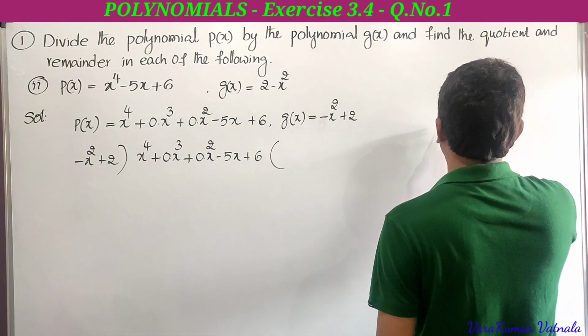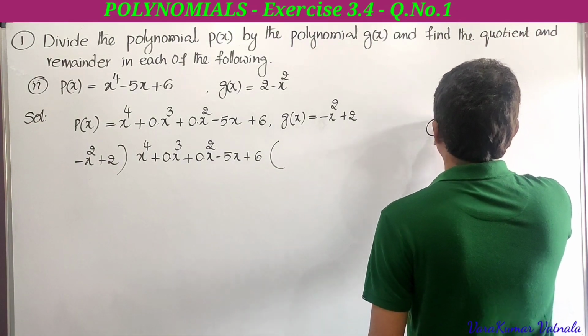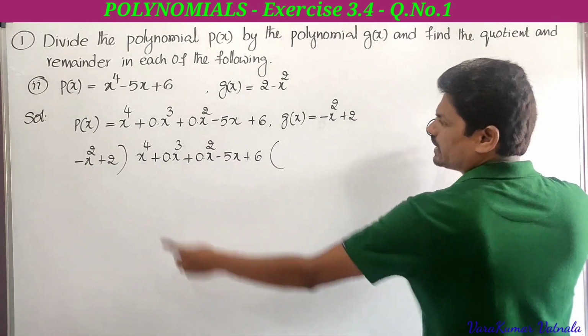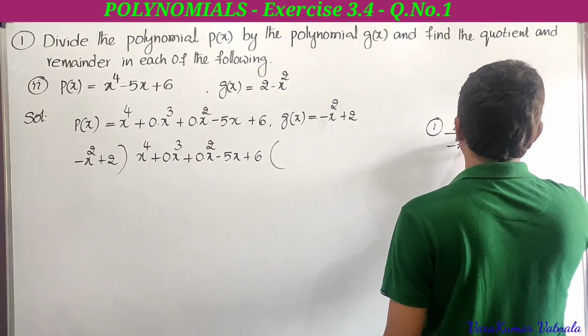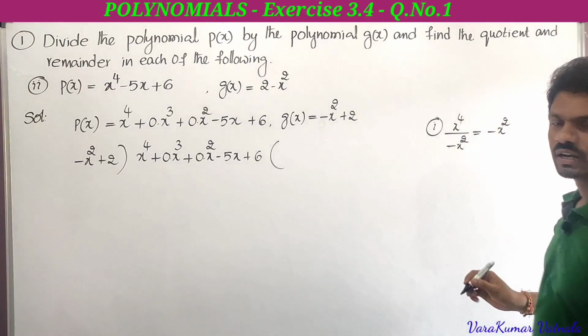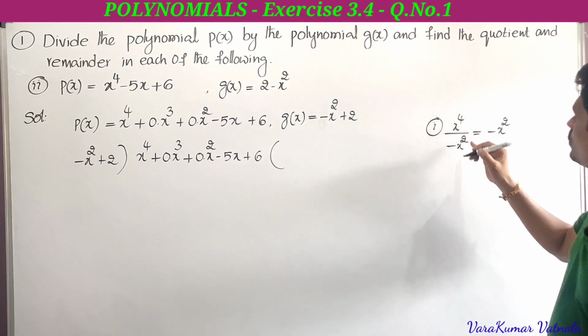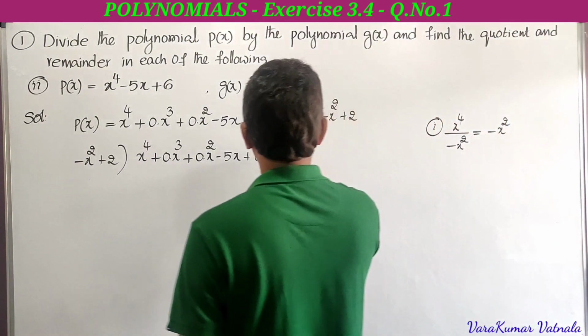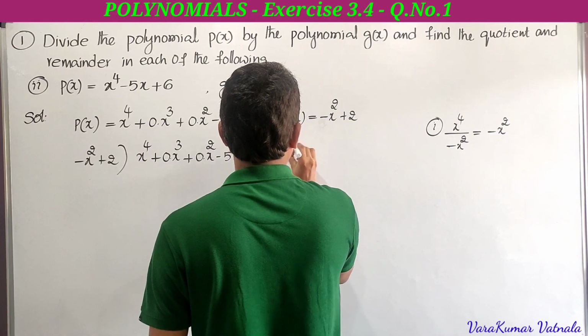So here we get x to the power 4 divided by minus x square. X to the power 4 divided by minus x square, we get minus x square. Write this minus x square in the place of the quotient.